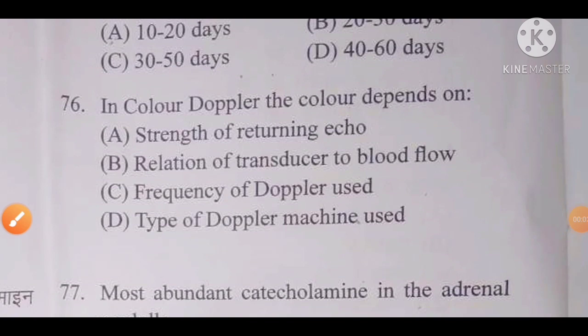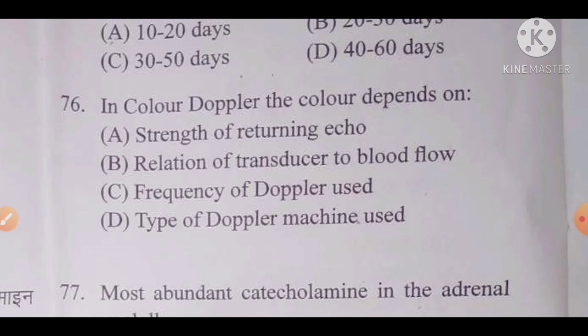In color Doppler, the color depends on option A, strength of returning echo, B, relation of transducer to blood flow, C, frequency of Doppler used, D, type of Doppler machine used. The fact available regarding this question is that in color Doppler, the color depends on the direction of blood flow with respect to the transducer.